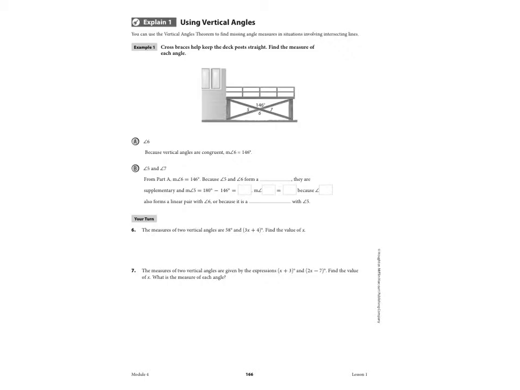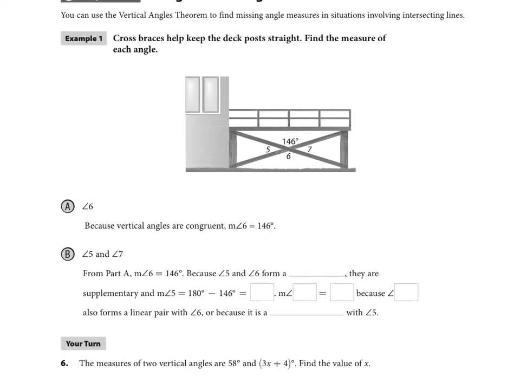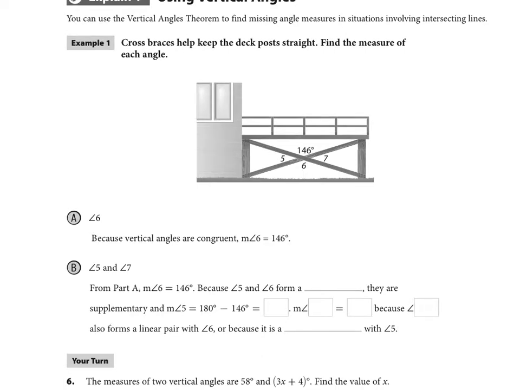Okay, so if we look at Explain 1 on page 166, it asks about the measure of angle 6, and we can see that the measure of angle 6 is going to be 146 because it's a vertical angle. And then it wants us to find angle 5 and angle 7. Well, if we look at angle 5 and that 146, they make a linear pair.